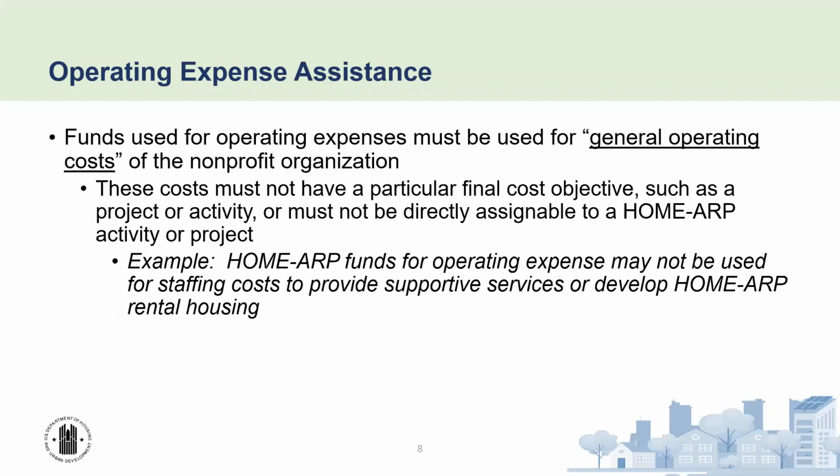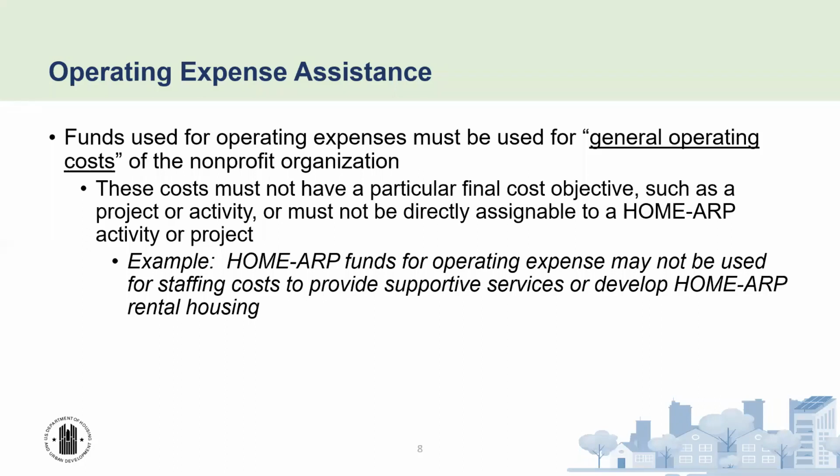And the notice really drives home this distinction further by clarifying that HOME-ARP funds that are used for operating expenses must be used for general operating costs of the organization. And when we say general operating costs, we mean costs that do not have a particular final cost objective, such as a project or an activity, and must not be directly assignable to a HOME-ARP activity or project.